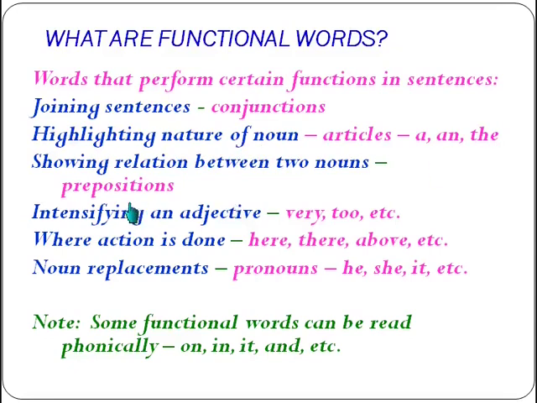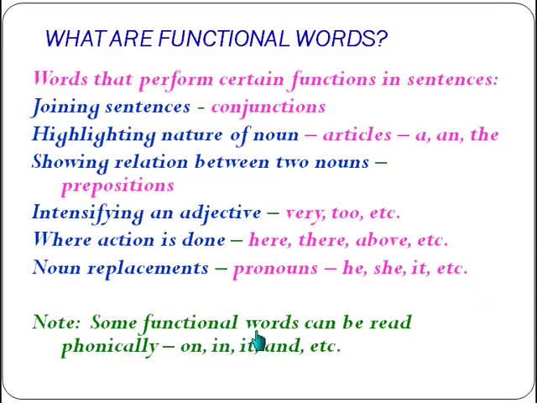We use prepositions to show the relation between two nouns. To intensify an adjective, we use intensifiers. To show where an action is done, here, there, above, etc. And also pronouns, he, she, it, etc.